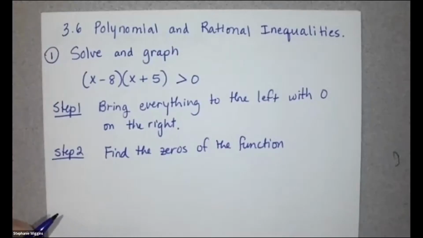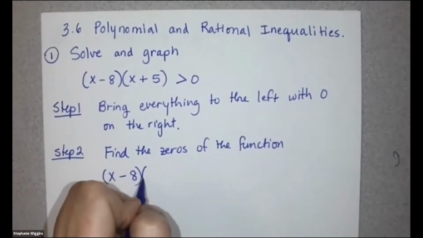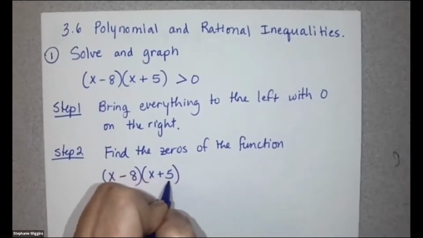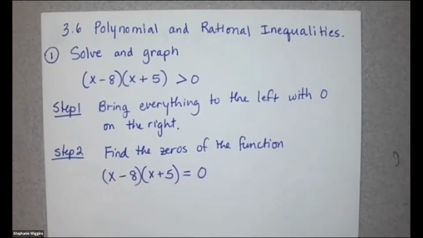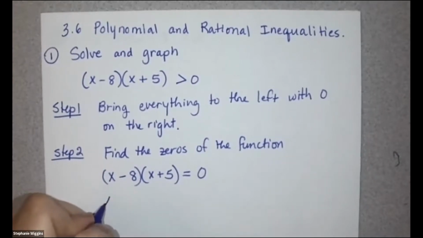So in this particular example, we set the function equal to 0 and solve for x, and that will allow us to find the zeros. If you have a product like this equal to 0, then each factor could be 0.